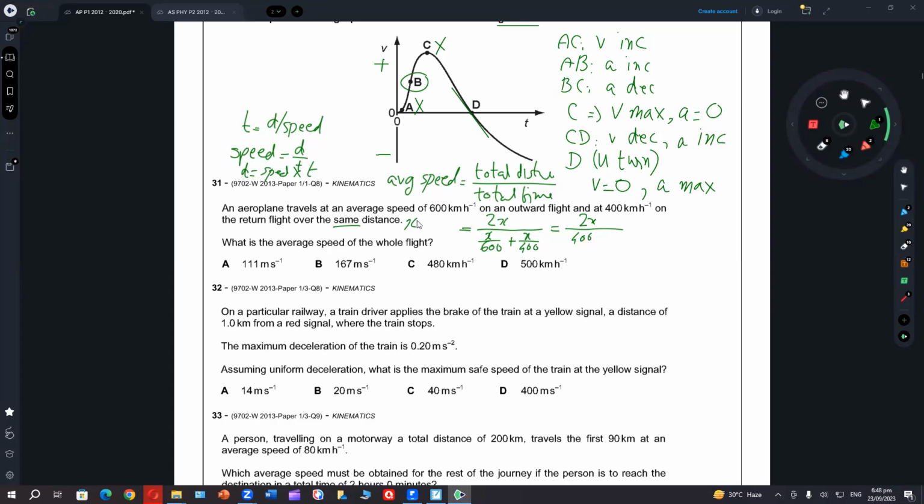Sir, is it just distance? No, but why I've taken the journey the same distance x, because the return flight is on the same. And I'm taking a double check by 1 upon 600, 1 upon 400. X will cut. Now, can you solve this remaining equation for me using a calculator?